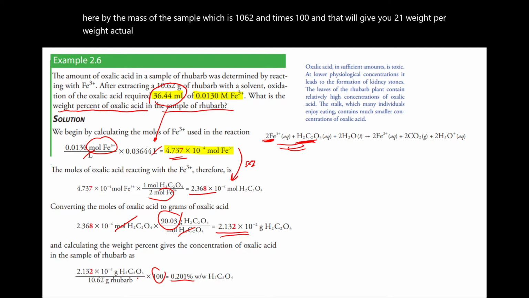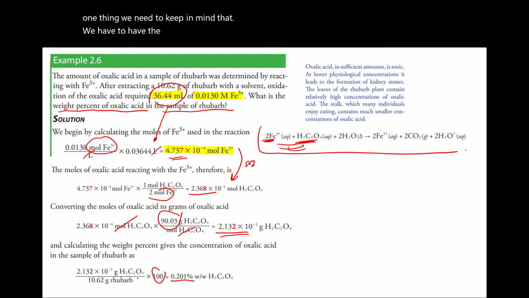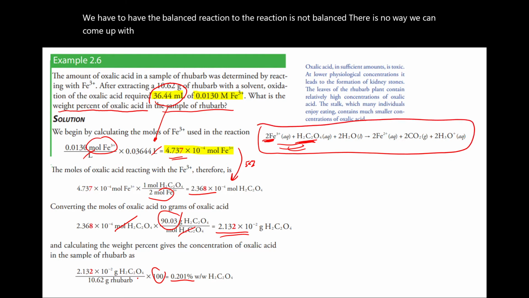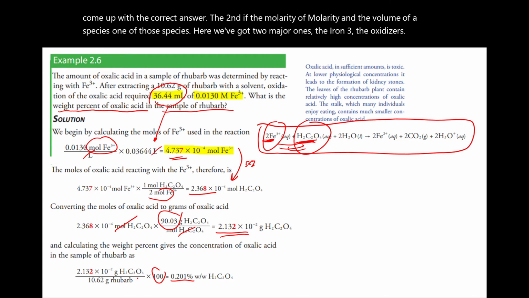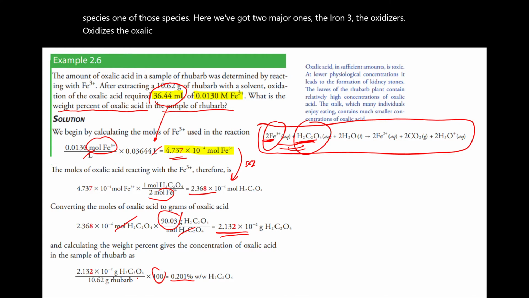So that's a good example of stoichiometric calculations. One thing we need to keep in mind is that we have to have the balanced reaction. If the reaction is not balanced, there is no way we can come up with the correct answer. Second, if we know the molarity and the volume of one of the species, iron 3 oxidizes the oxalic acid because it is reduced here, so it is the oxidizing agent.